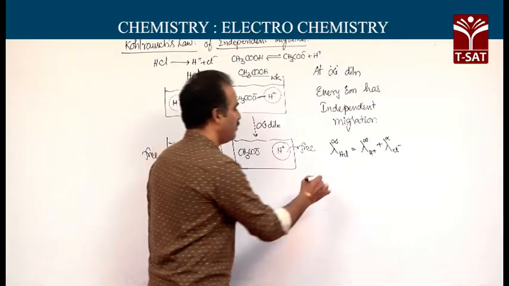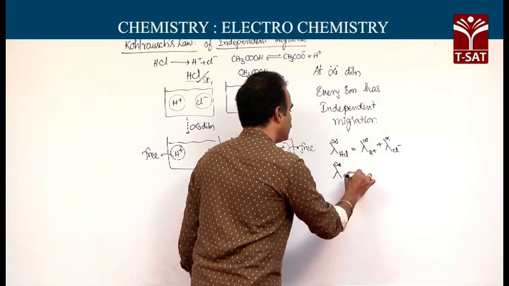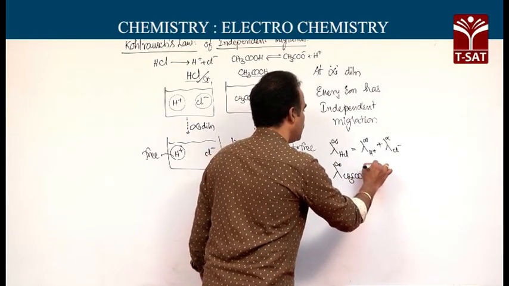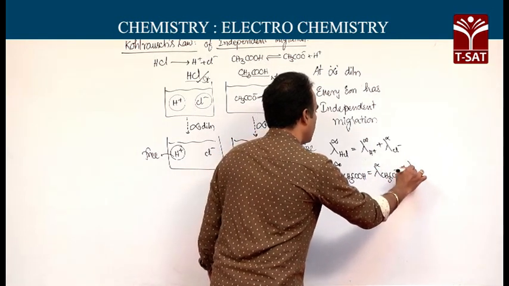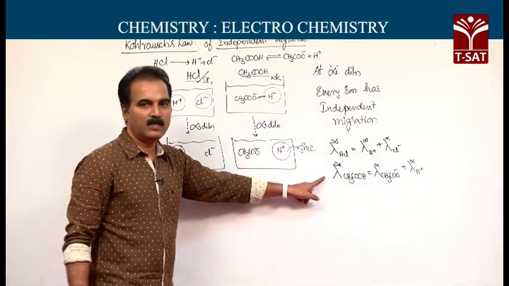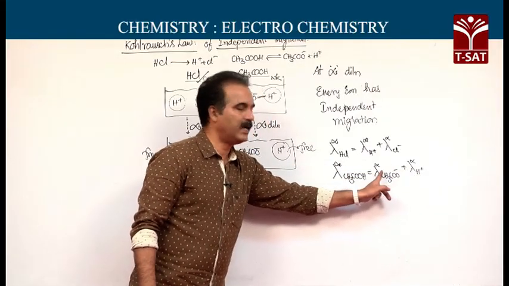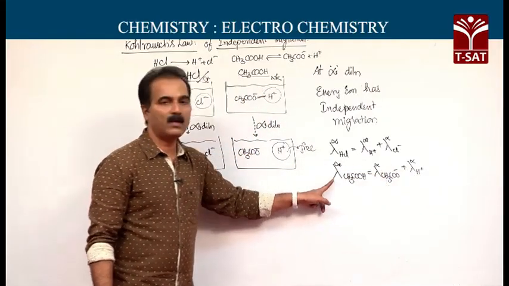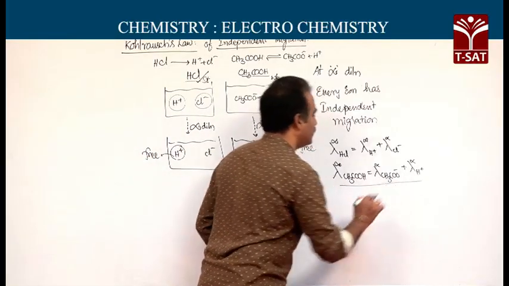Similarly, lambda infinity of CH3COOH is nothing but lambda infinity of CH3COO minus and lambda infinity of H plus. So, the sum of the individual ionic conductances at infinite dilution is the overall conductance at infinite dilution. But how to find this sum?